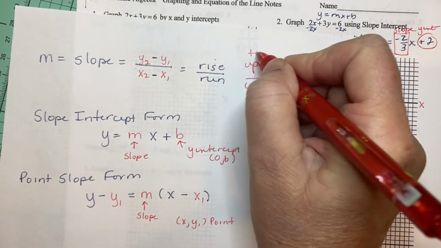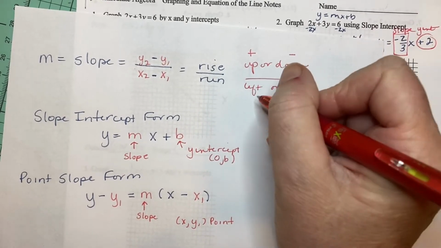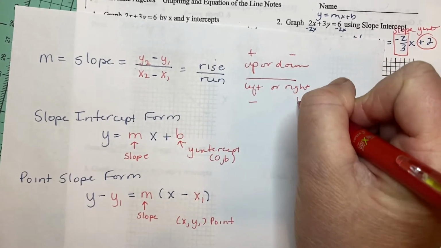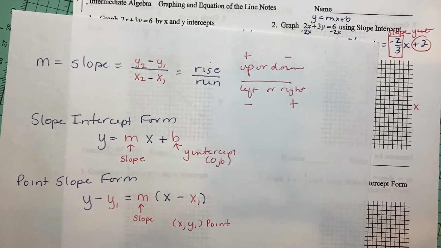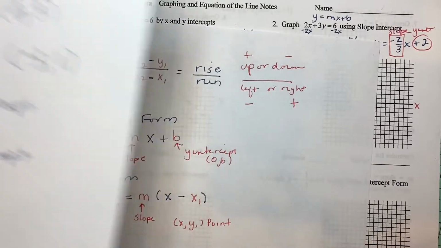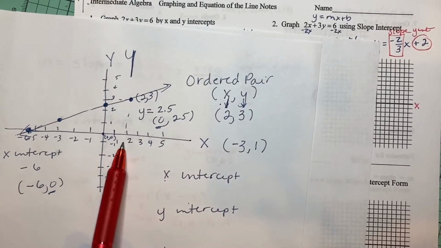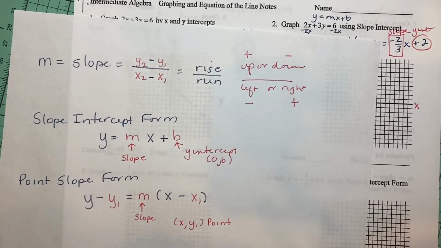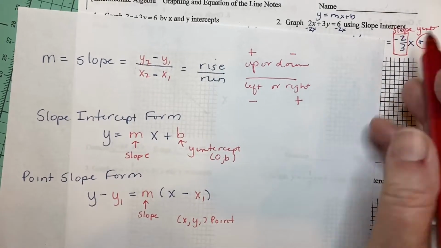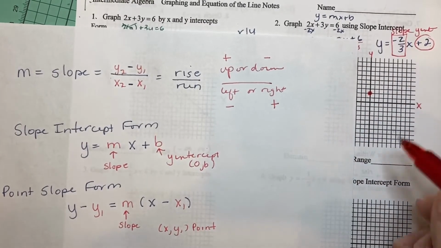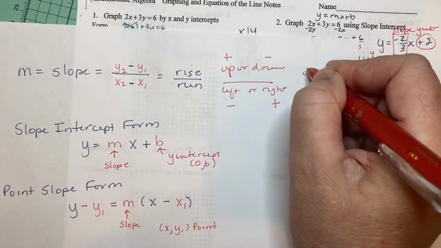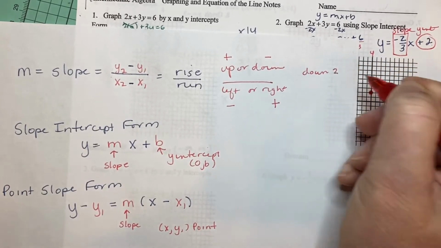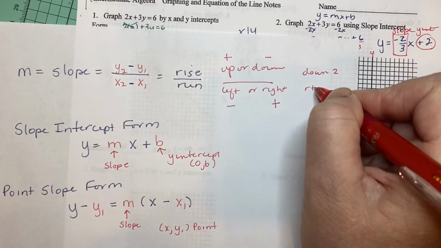So up is positive, down is negative, left is negative, right is positive, just like we talked about on the Cartesian graph. Remember, to the right is positive, left is negative, up is positive, down is negative. So this one is a negative 2/3. So what that means is you want to go down 2 and then to the right 3.